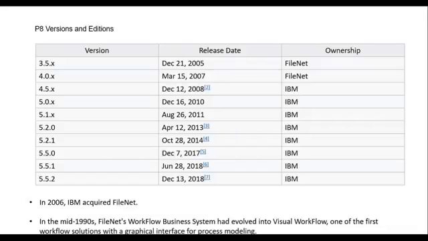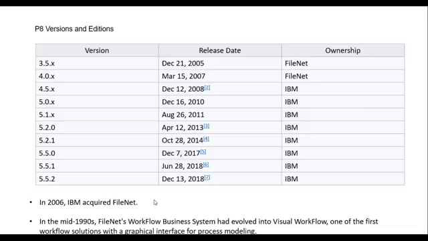Okay. Now you can see how this product moved. Till the 3.5 version, it was FileNet P8, under the ownership of FileNet. At the same time IBM had its own products, which were in a kind of fight, and FileNet had the edge.